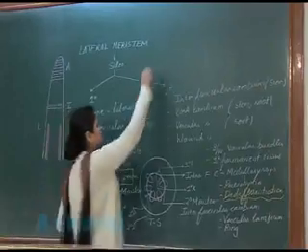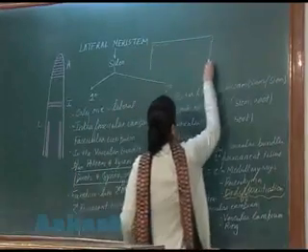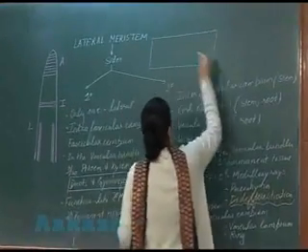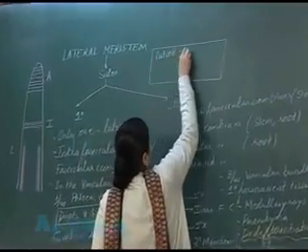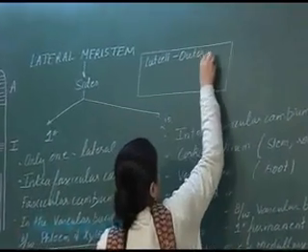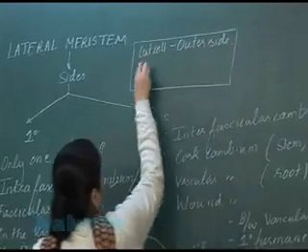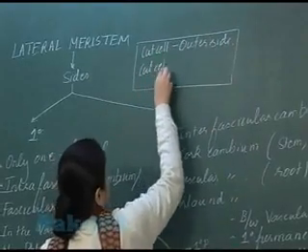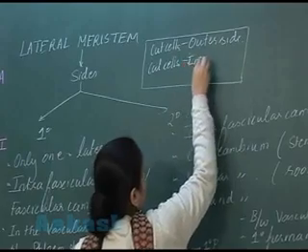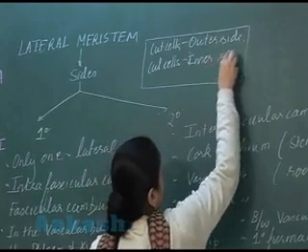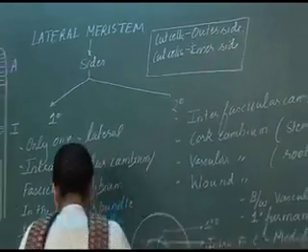So we can write it down here. The lateral meristem has the ability to cut cells towards the outer side and cut cells towards the inner side. And what is the result?